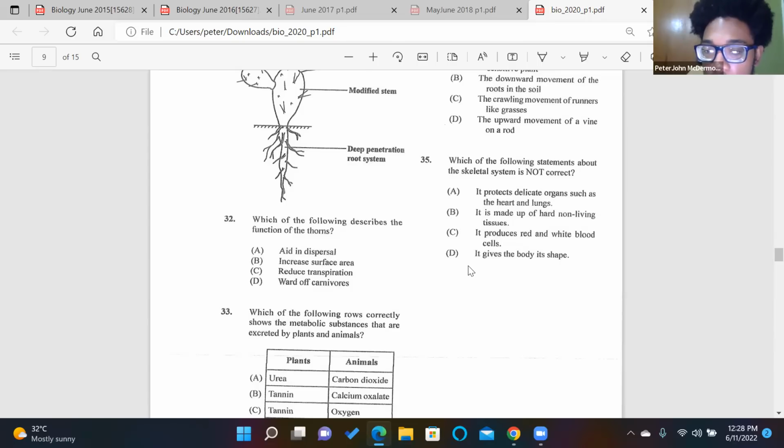Is D true or false? True. Where are red blood cells produced? Bone marrow. Where is the bone marrow located? Bones. Bone marrow is in the bone. Bones are part of the skeletal system, true or false? True. Yeah, so what's the answer? B. B.